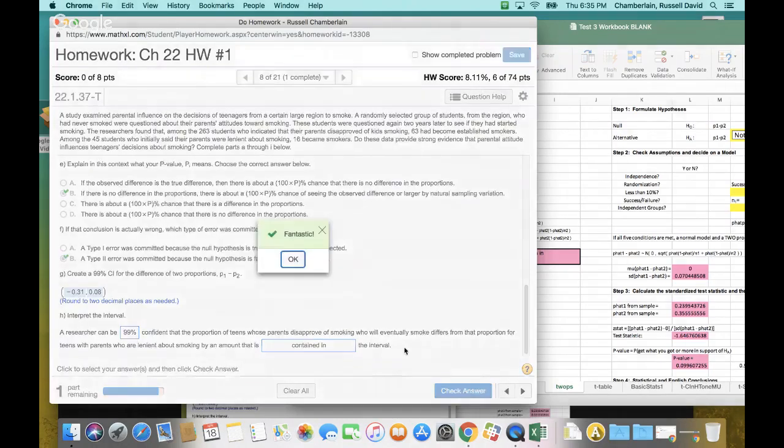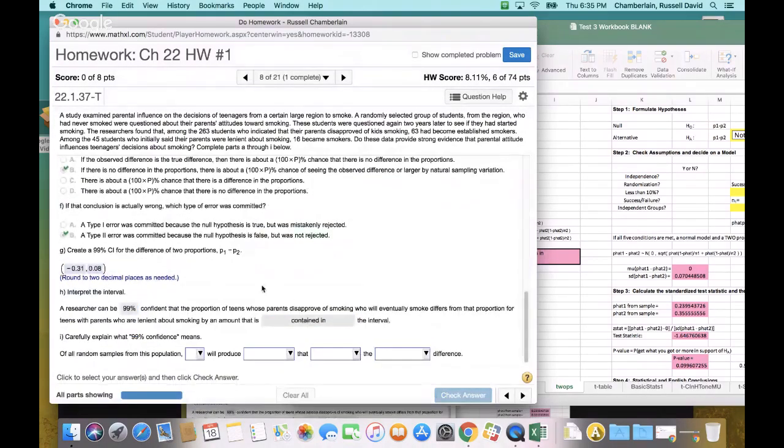Contained in. Okay. Carefully explain what a 99% confidence interval means. Of all random samples of the population, 99% will produce intervals that contain the true proportion difference. Yep.